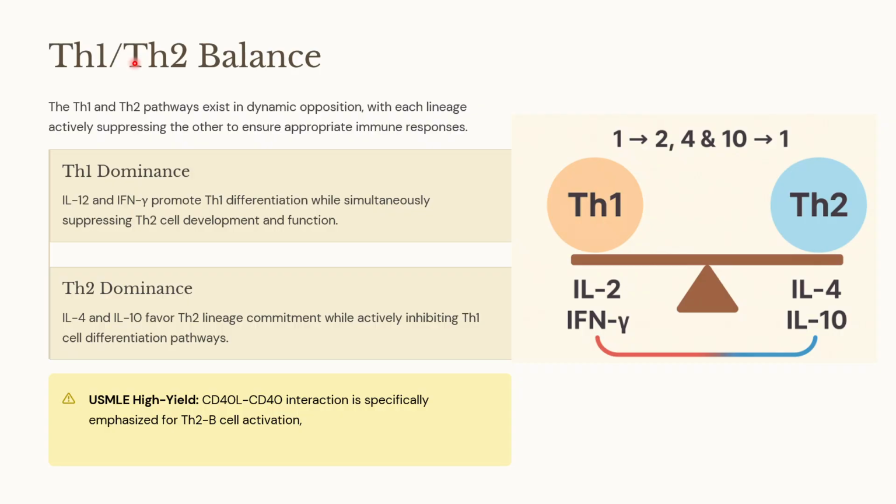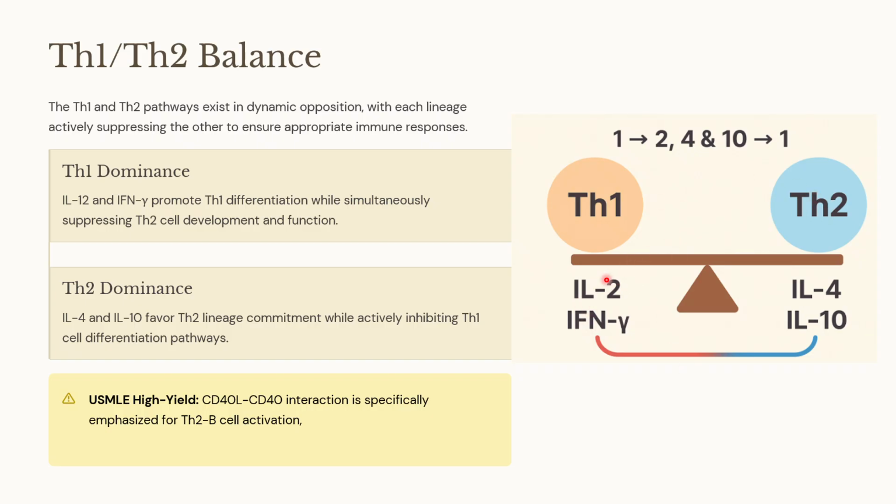To ensure the helper T1 and helper T2 balance, for helper T1 we have interleukin 12 as well as interferon gamma. How do you remember this? There is a mnemonic: 12 and gamma help T helper 1, while 4 and 10 suppress T helper 1, and the reverse is true for T helper 2 cells. 4 and 10 help T helper 2 cells, while 12 and gamma suppress T helper 2 cells.